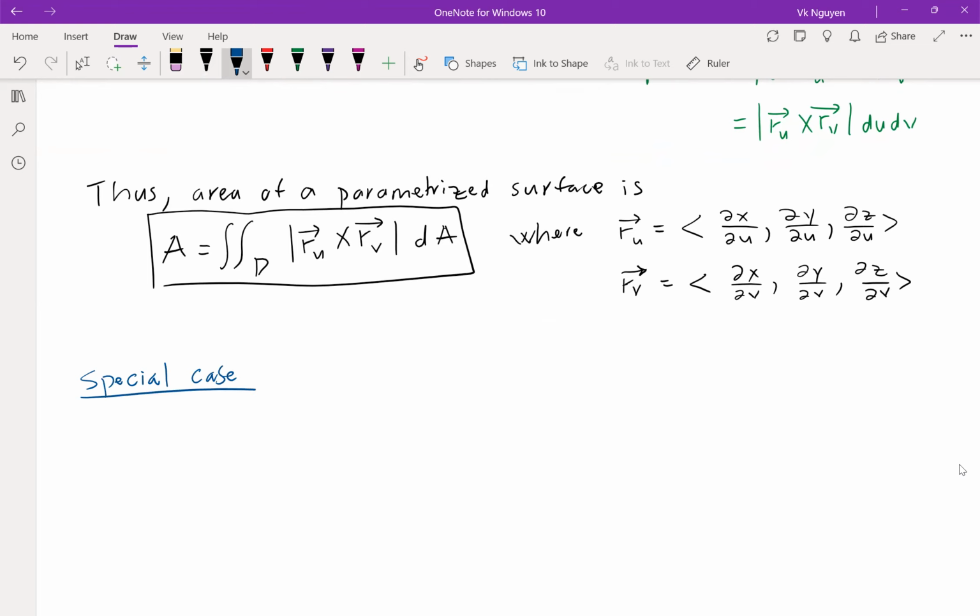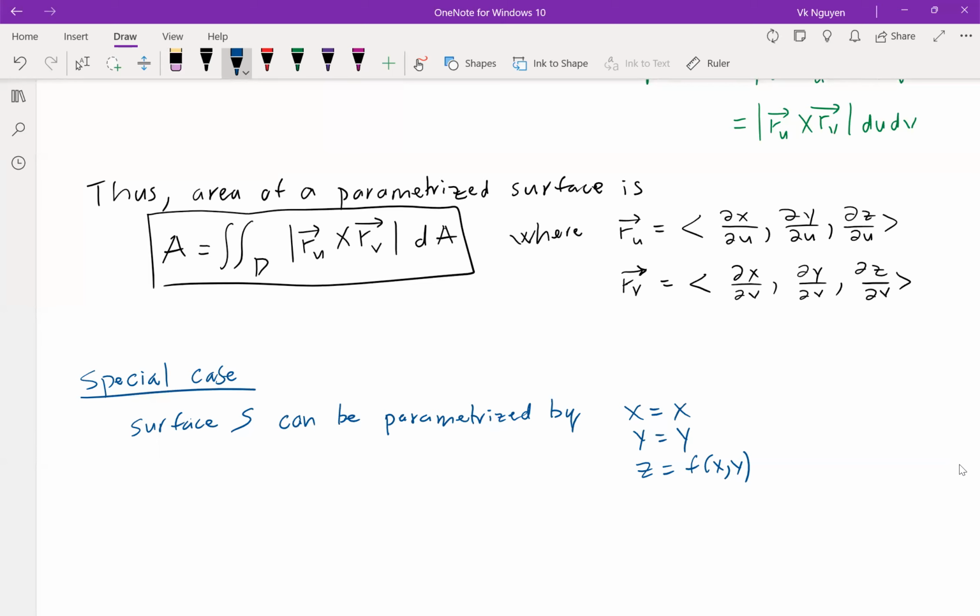Well, the special case is that S can be parameterized by x equals x, y equals y, z equals f(x, y). This is the surface in rectangular coordinates.